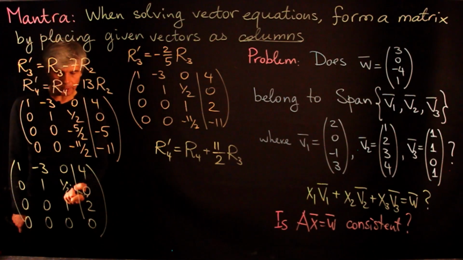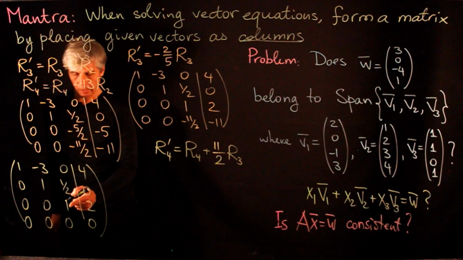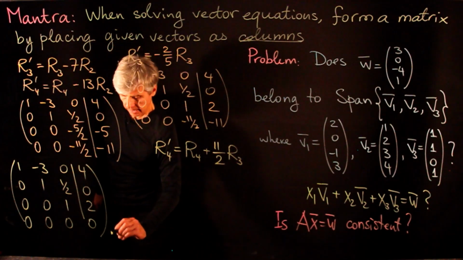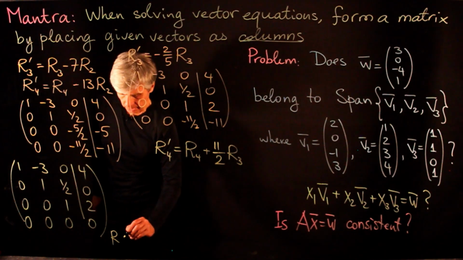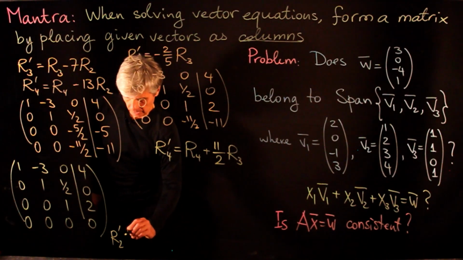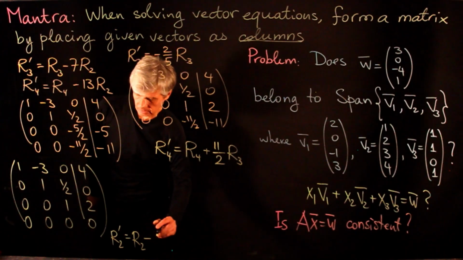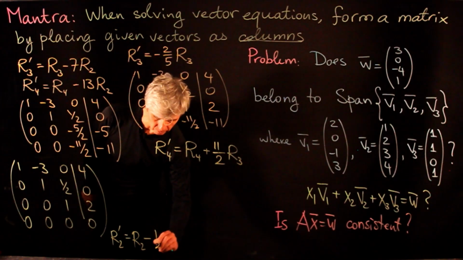Now let us bring this to reduced row echelon form. So now we need to eliminate this 1 half. So we say that row 2 prime is row 2 minus 1 half row 3.